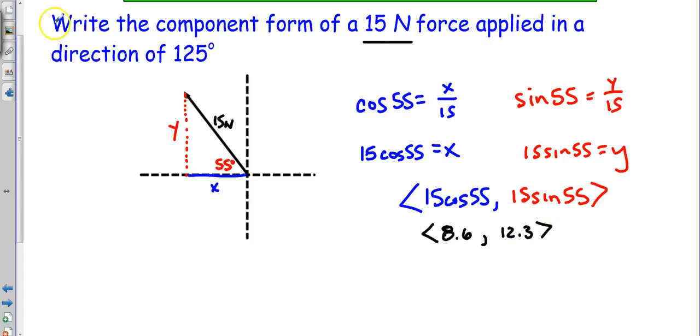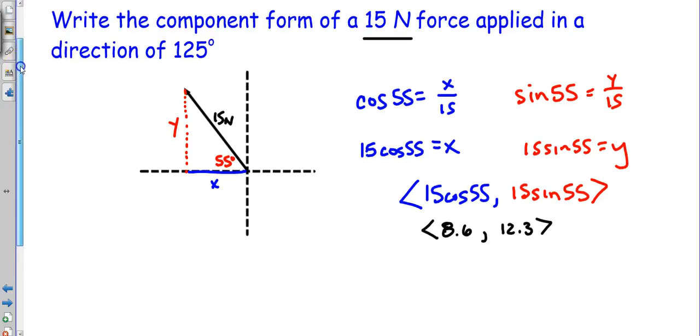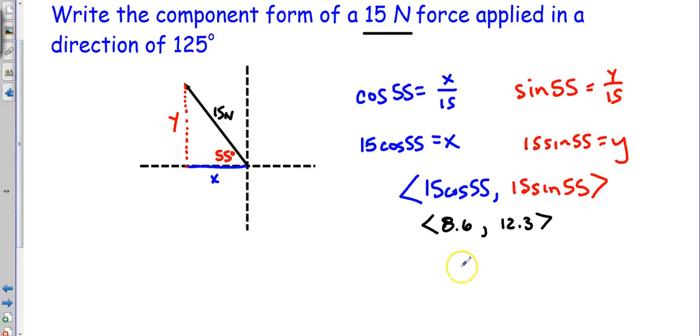So there's your component form. And again, just to give us a general idea, this is telling us that this 15 Newton force in this particular direction actually applies 8.6 newtons of force in the x direction and 12.3 newtons of force in the y direction.